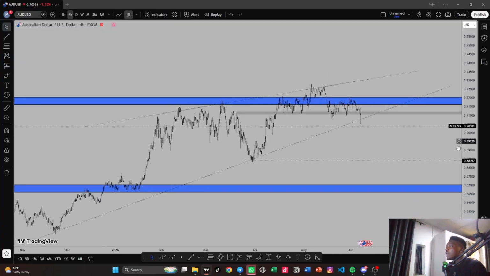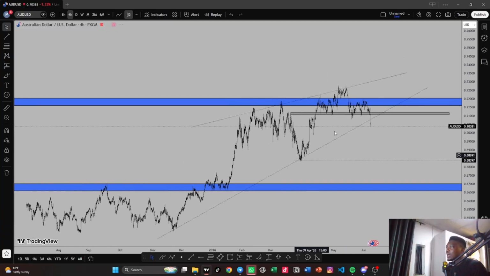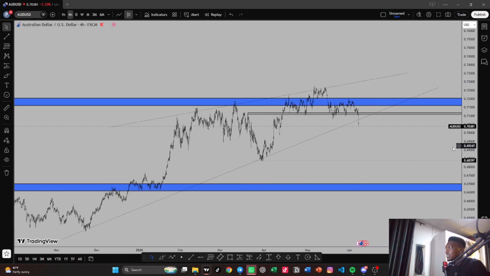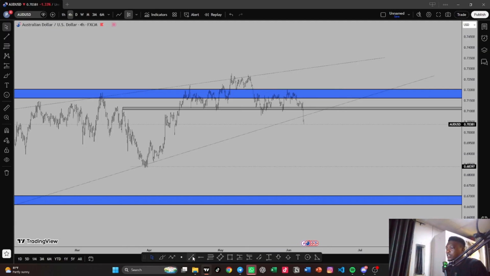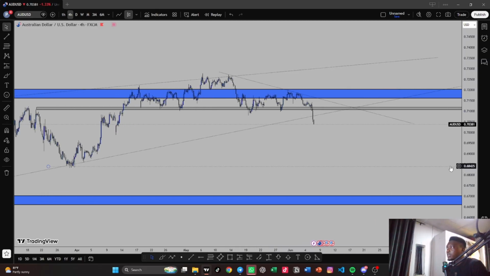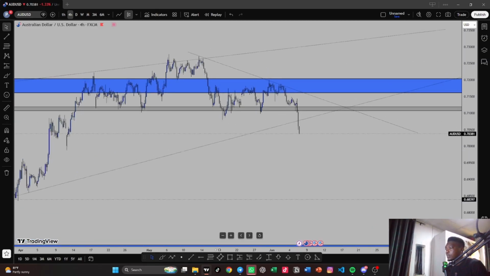Another thing that is supporting this is that we have this rising wedge, which is an exhaustion, showing that buyers are getting tired, and we already broke out of this neckline. So I'm expecting a retracement coupled with a trend line on AUD USD.